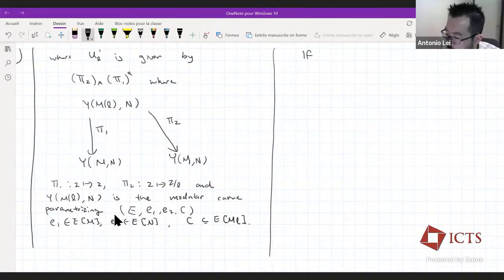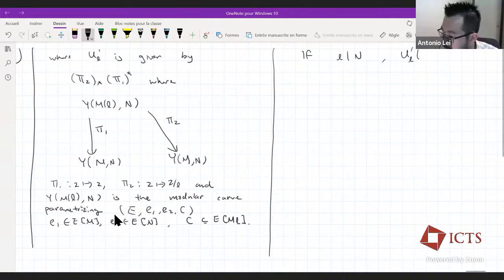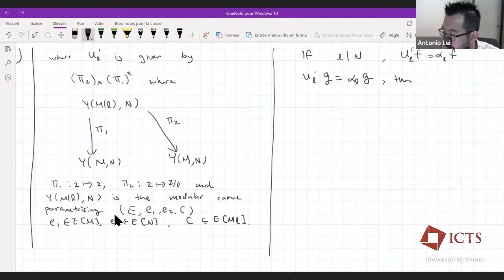So here, when I define my elements like this earlier, assuming L divides N, and we have U_L' F equals alpha_L F and U_L' G equals alpha_L G, then you would get something like this.